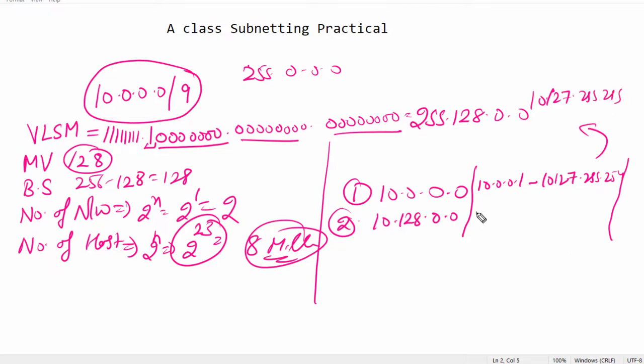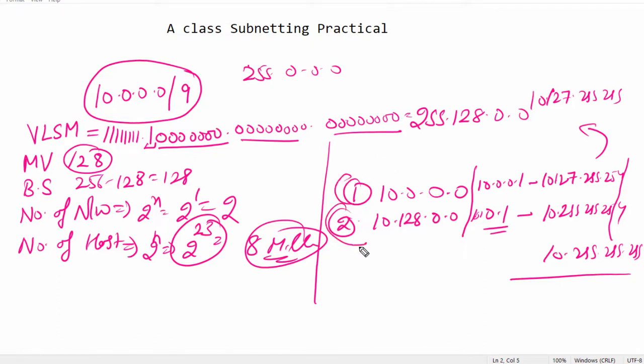So this is 10.128.0.1 and 10.255.255.254 and last is 10.255.255.255. We have less space there, so I will arrange it in another manner. So in this you can divide 16 million IPs into 2 parts.